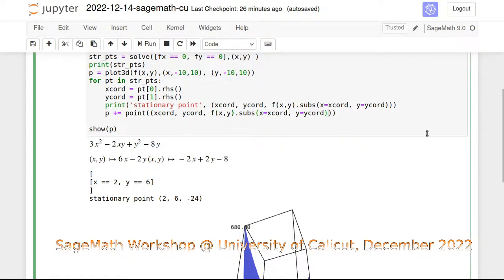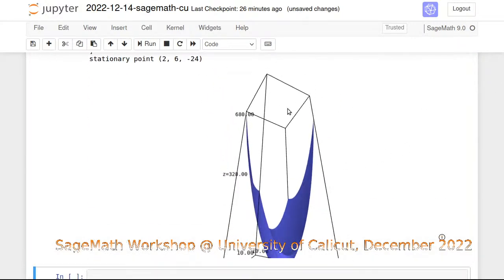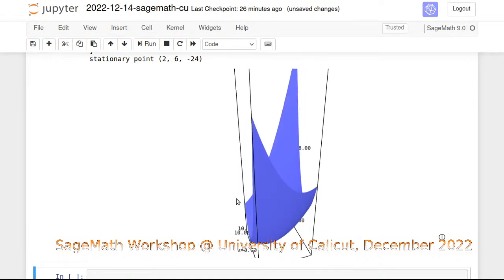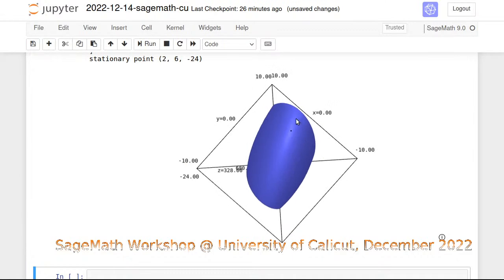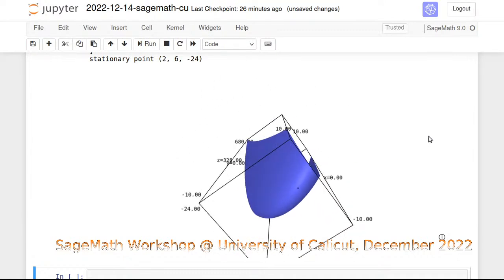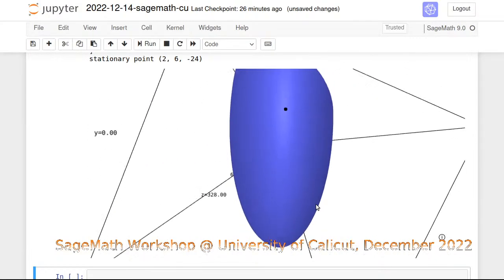If it's very small, we may not be able to see it properly. Size is equal to 50. Giving some color here. Oh, even 50 is very small. I think it's small compared to the size of the graph. You can see that there is a point, right? It's very small. Okay, let me just try to magnify it.